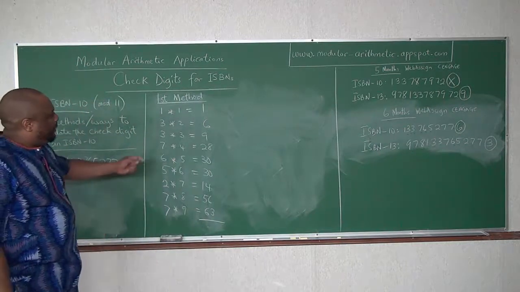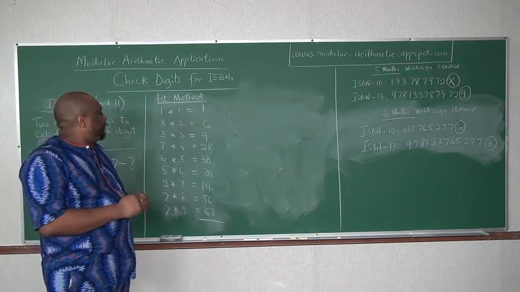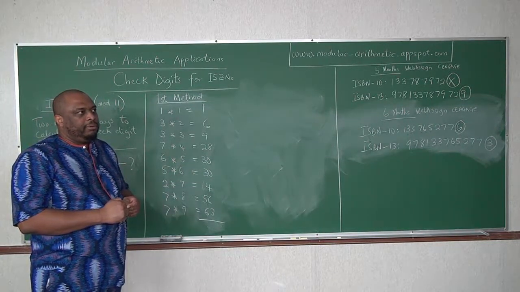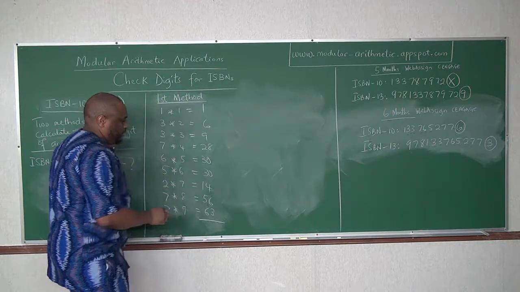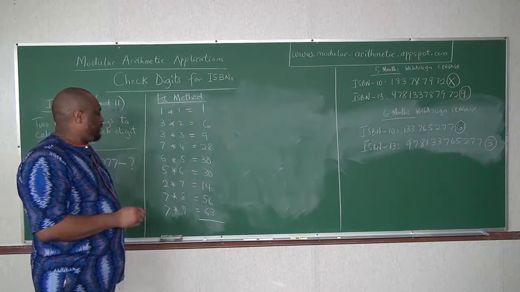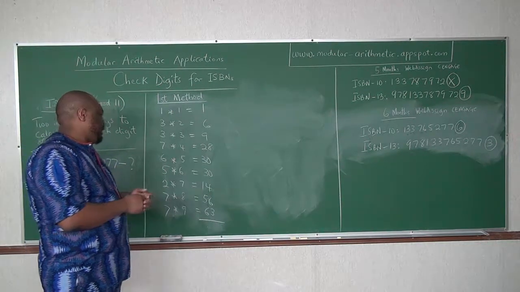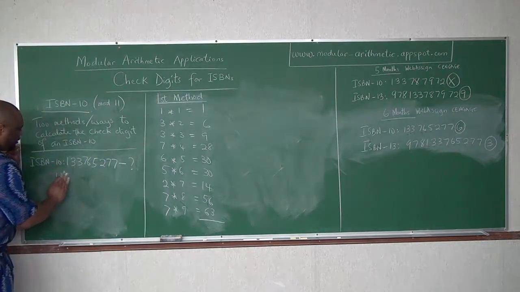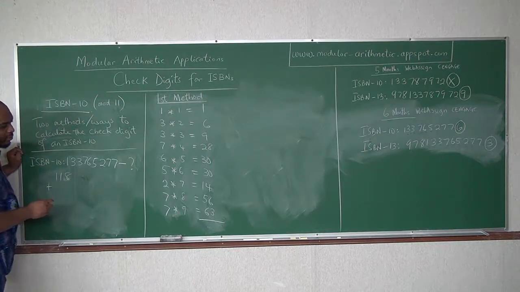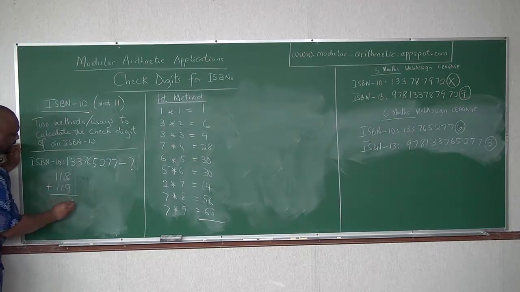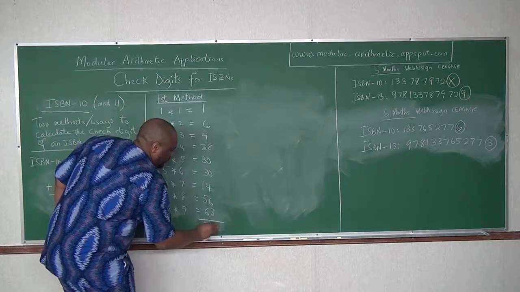Okay, let's add it up. 1 plus 6 is 7, plus 9 is 16, plus 28 is 44. 44 plus 60 is 104. 104 plus 14 is 118. 118 plus 119, because 56 plus 63 is 119. So this is 237.